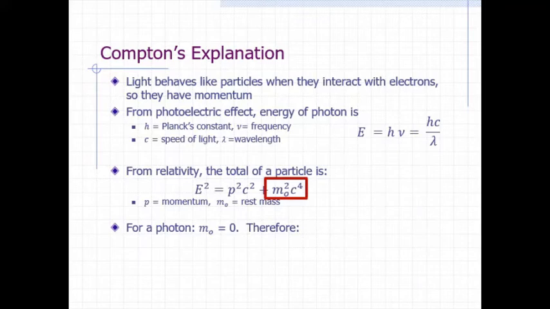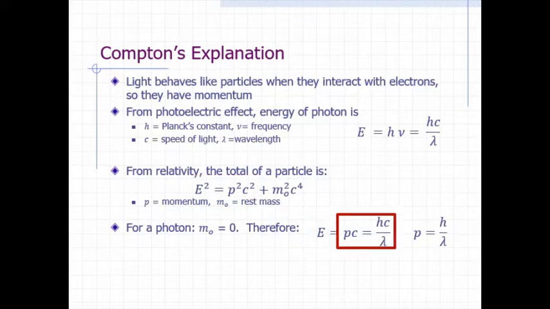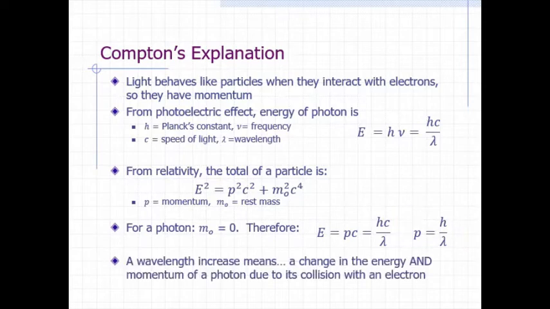Therefore, m naught squared times c to the fourth power will be equal to 0 for a photon, and E will just be equal to pc. Since E is also equal to hc over lambda, it should be easy to show that the momentum of a photon is equal to h over lambda. In other words, the observed shift to longer wavelength implies a decrease in both energy and momentum of the photon due to its collision with an electron.